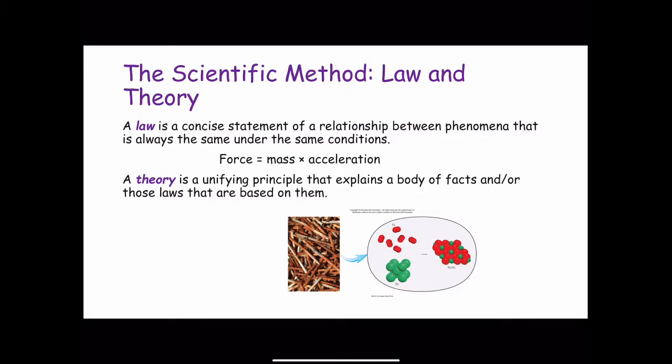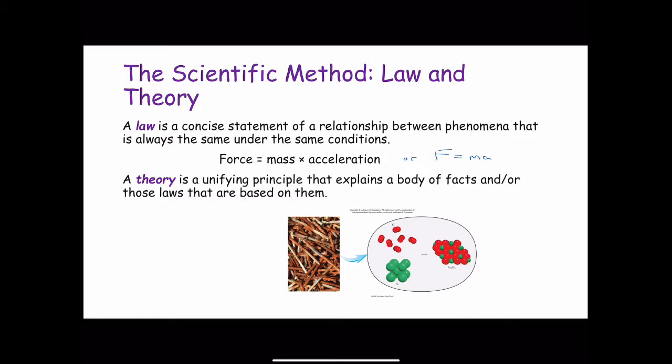For example, Sir Isaac Newton's second law of motion, which you may remember from high school science, says that force equals mass times acceleration, or F = m × a. What this law means is that the increase in the mass or in the acceleration of an object will always increase its force proportionally, and a decrease in mass or acceleration will always decrease the force.